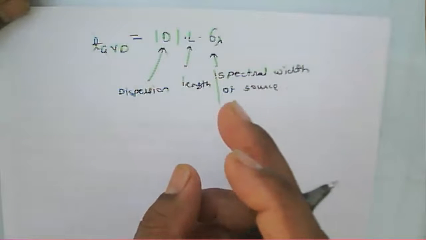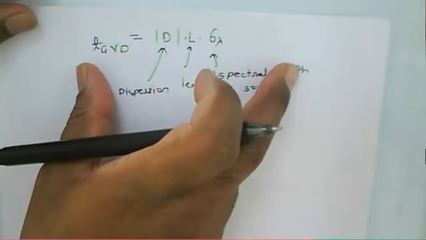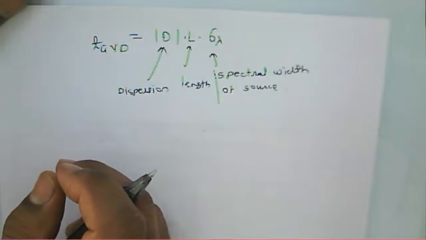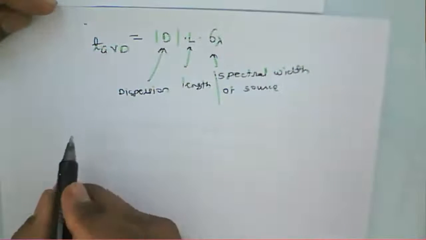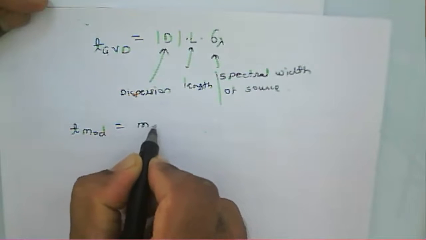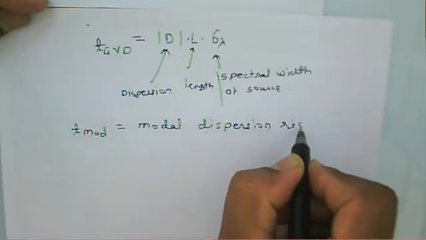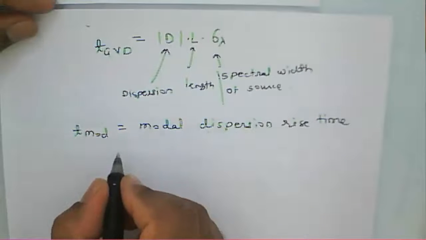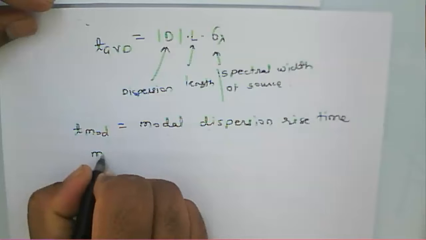And then another factor is the modal dispersion. In the modal dispersion, we need to know the modal rise time, T modal, that is the modal dispersion rise time.